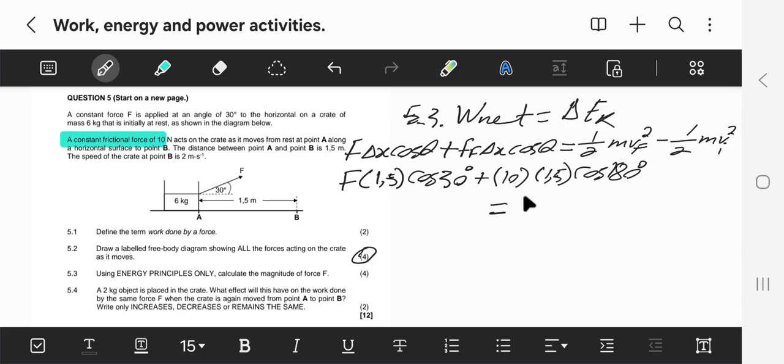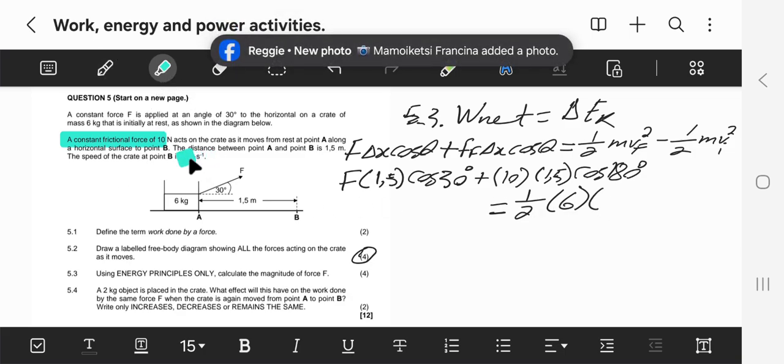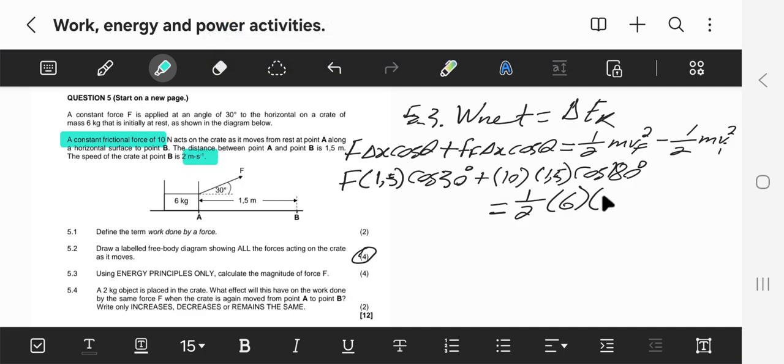We will substitute here our mass of the object, where m is 6 kg. Our Vf, remember Vf is our final velocity, and we found it as 2 meters per second.